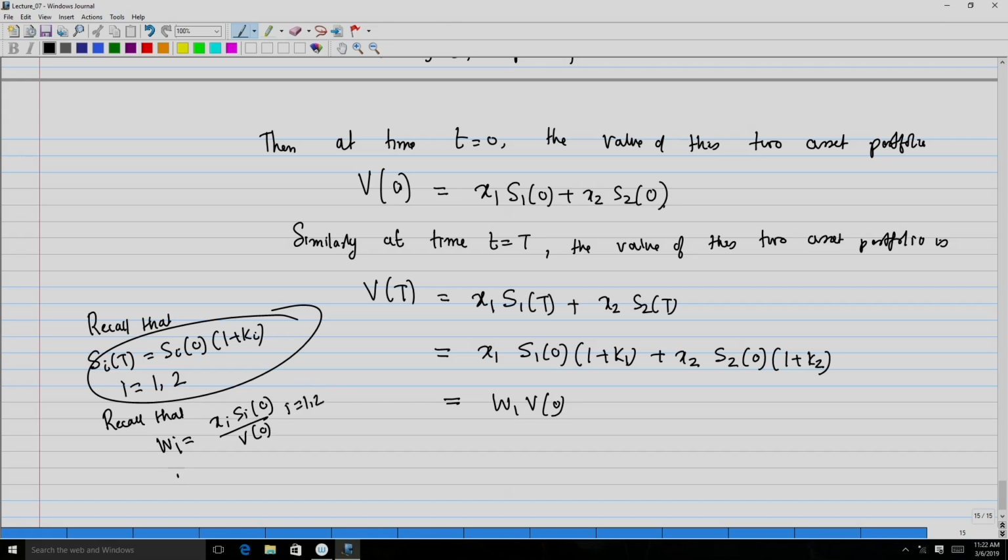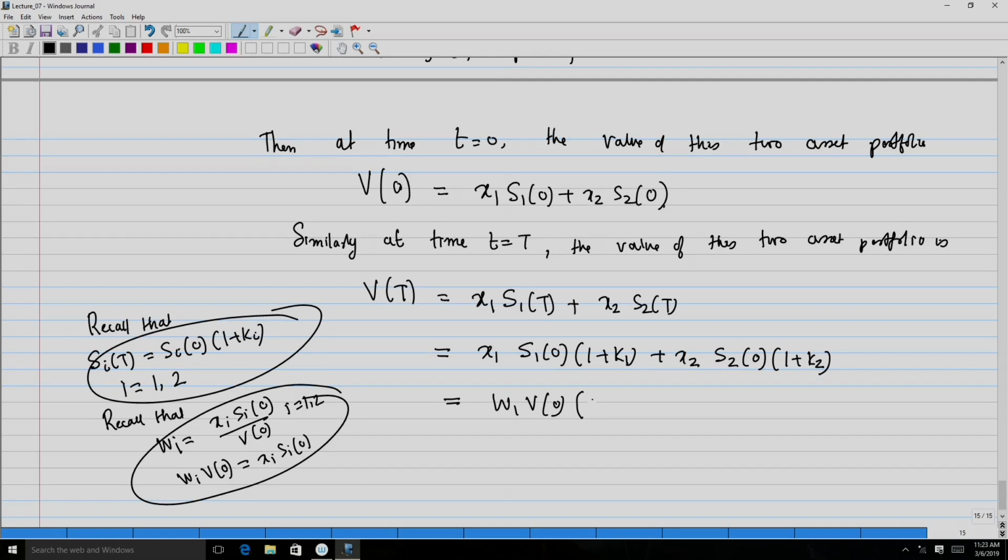That is, I can rewrite this as Wi V0 is equal to Xi Si 0. So, what I am doing here is merely replacing x1 into S1 0 with W1 into V0. So, this becomes W1 V0 into 1 plus K1, plus the second term likewise becomes W2 V0 into 1 plus K2.